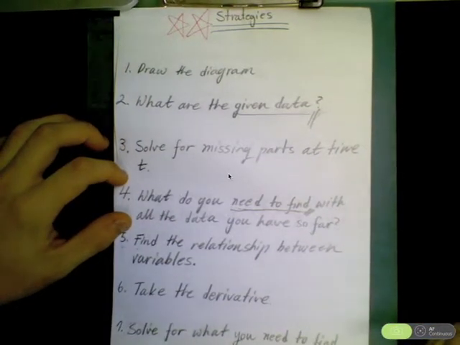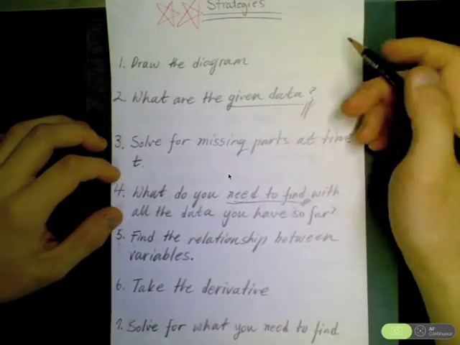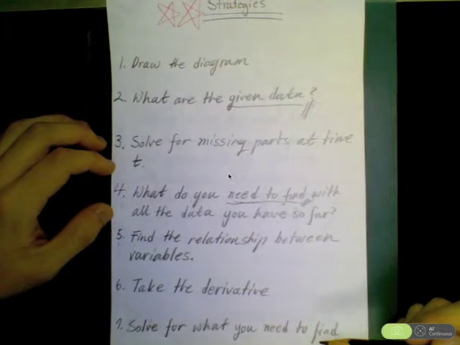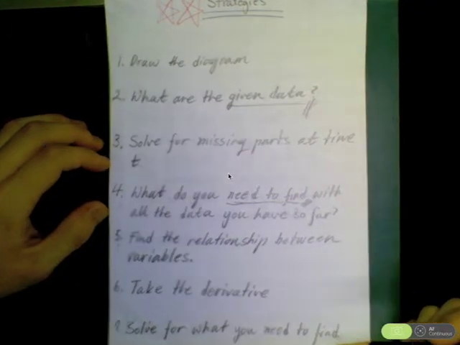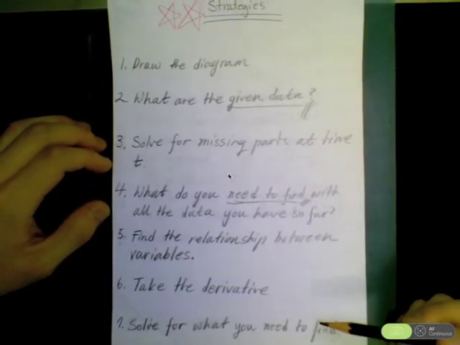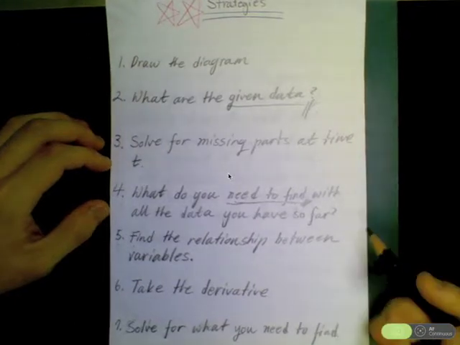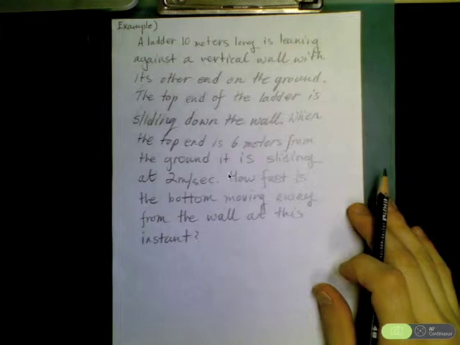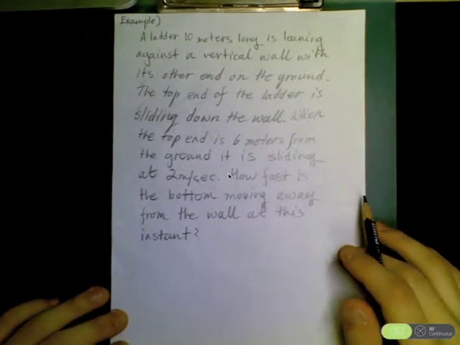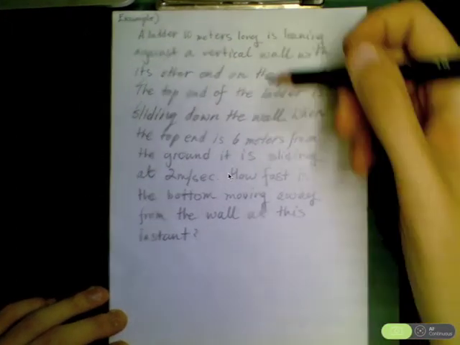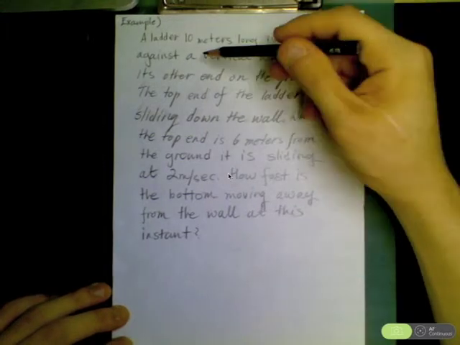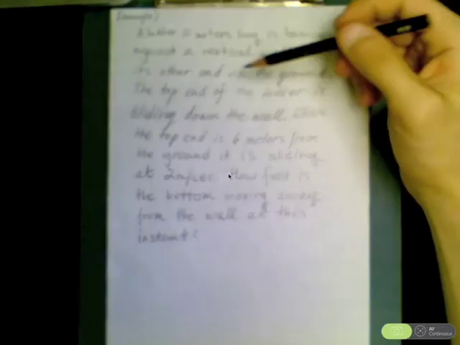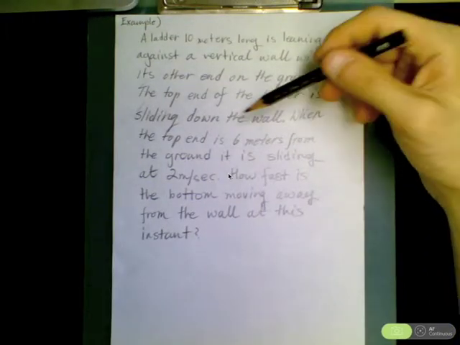Well, at first, once students see these without solving the problem, they would say, what are all these? But don't worry, we will work with the example problem, which is right over here. It says, a ladder 10 meters long is leaning against a vertical wall with its other end on the ground. The top end of the ladder is sliding down the wall.